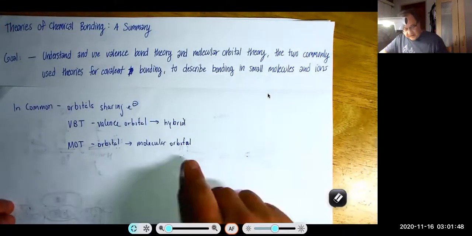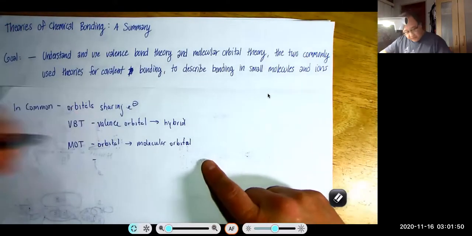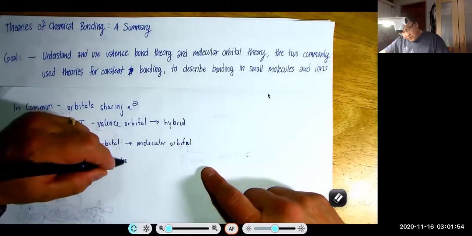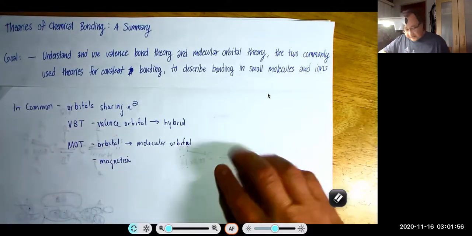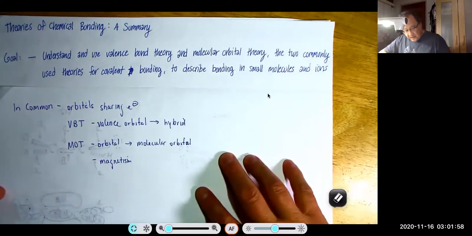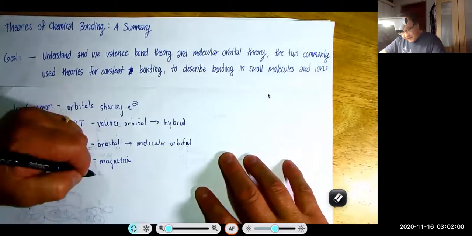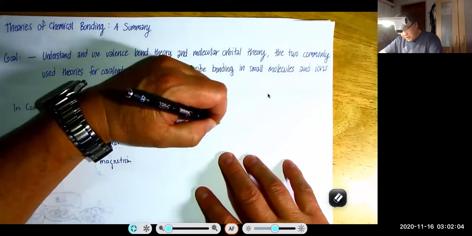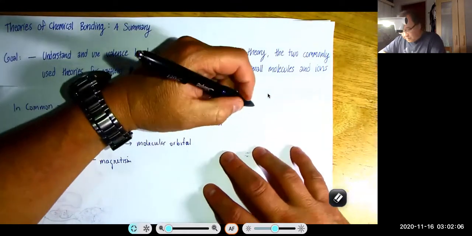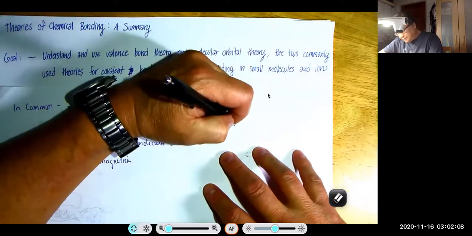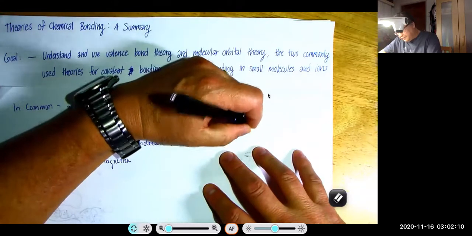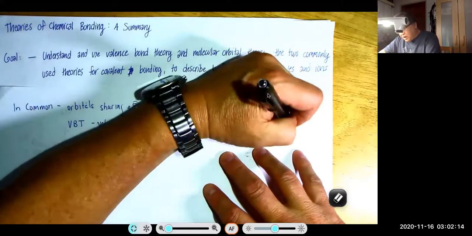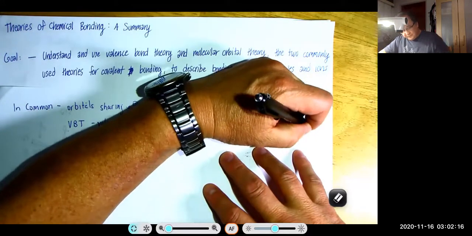What can we say about MO theory that's kind of nice? Well, MO theory is going to give you magnetism, whereas valence bond theory is not going to give you magnetism. But valence bond theory can be used for more than diatomic molecules by your novice, and that would be you.